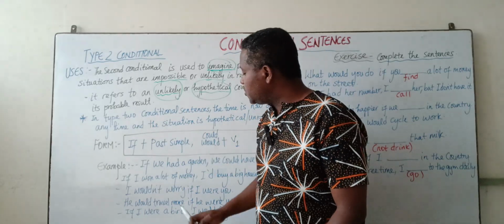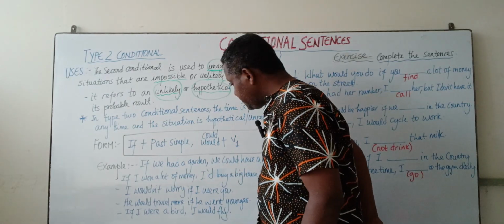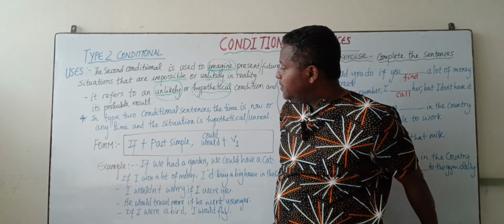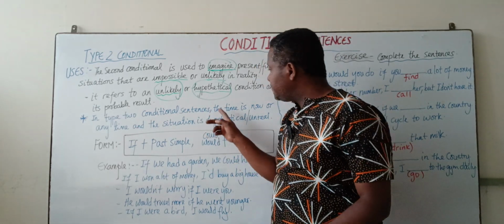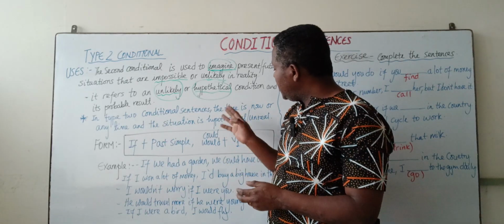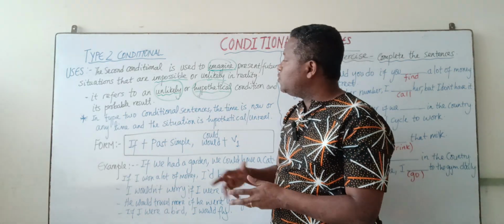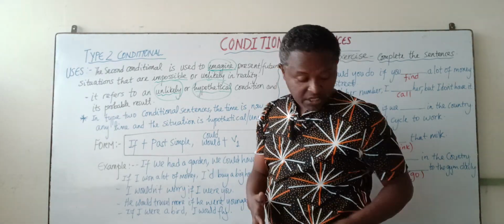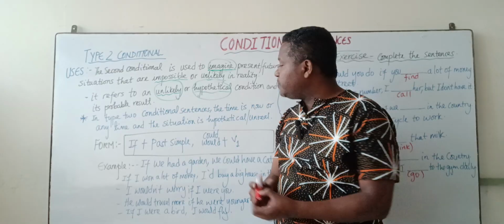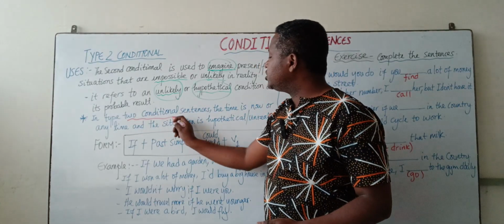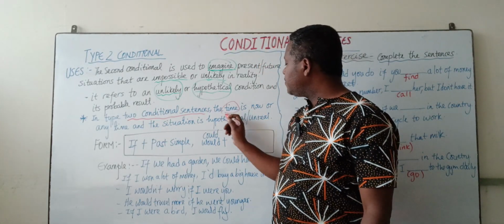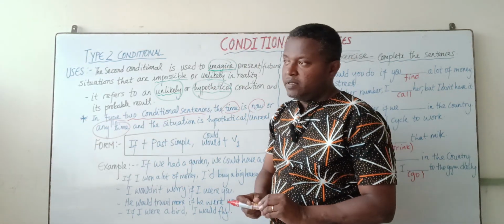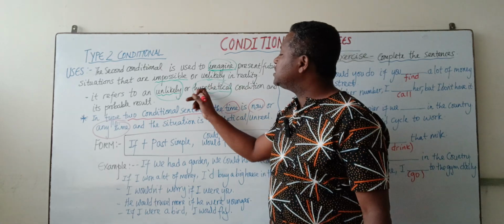In type 2 conditional sentences, the time is now or any time. That's what we mean by unlikely or hypothetical. We said that the time is now or any time, because it is a hypothetical situation.